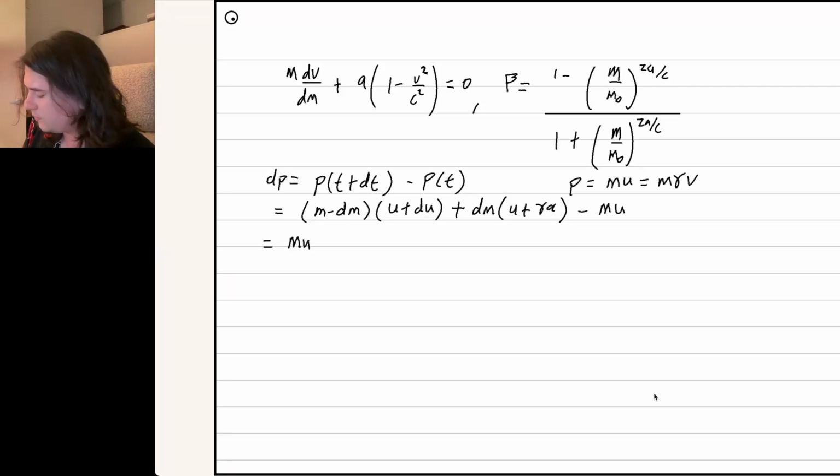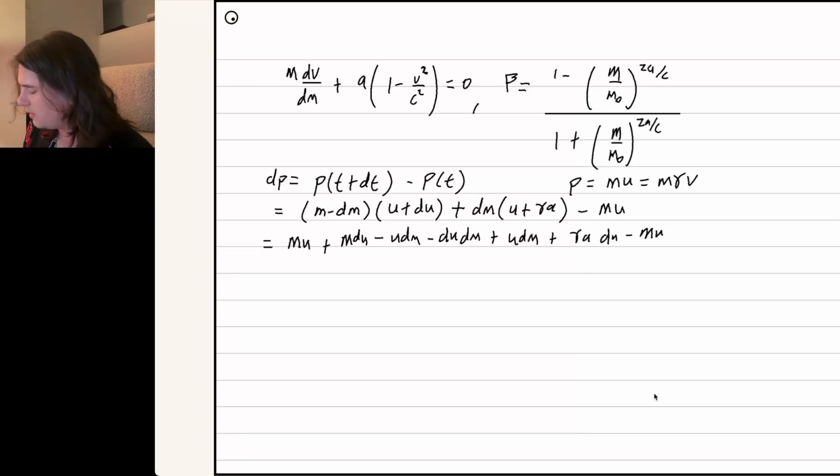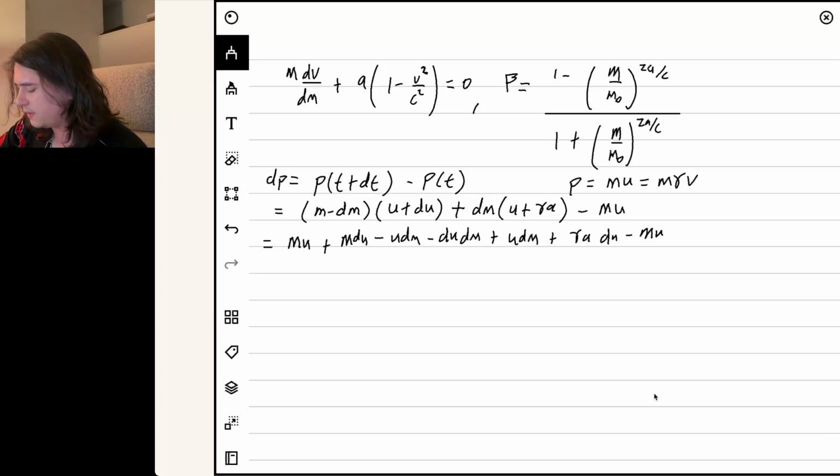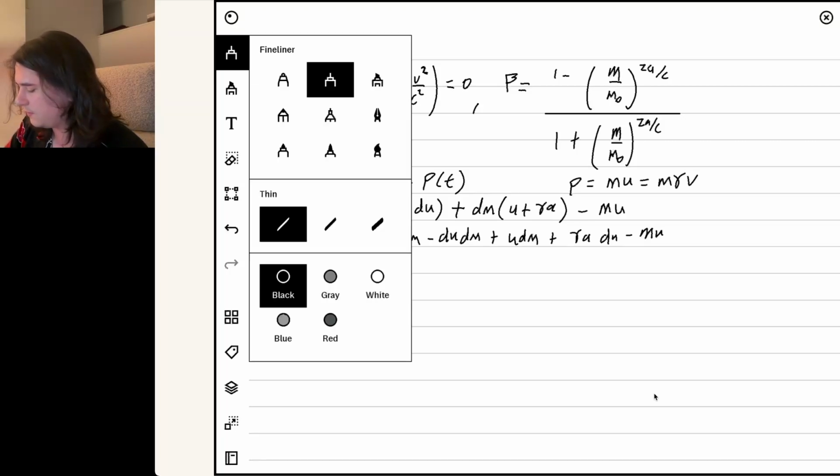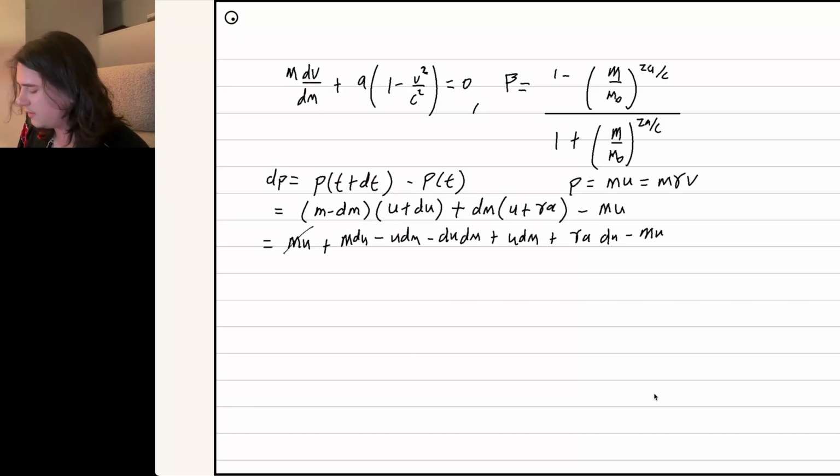So mu plus m du, gross, m du minus u dm minus du dm plus u dm plus gamma a du, minus mu. So we're going to have some stuff cancel out and stuff that we can say is negligible.